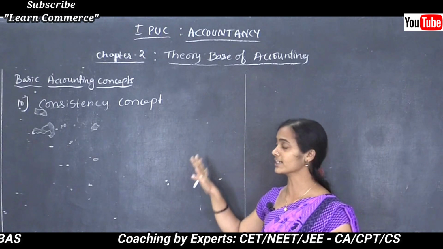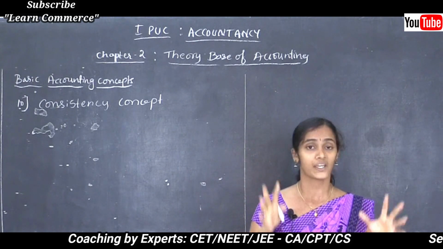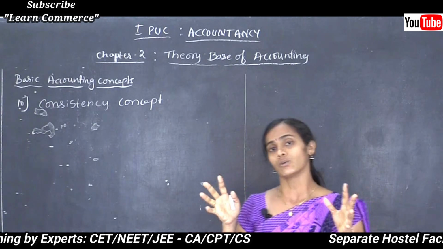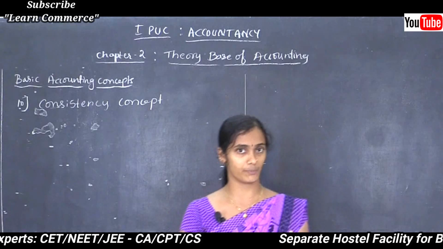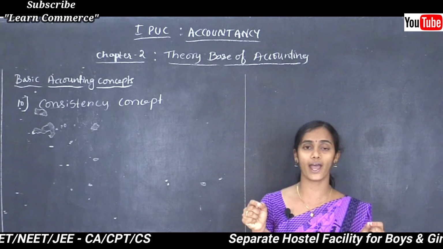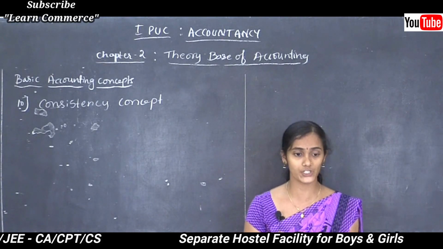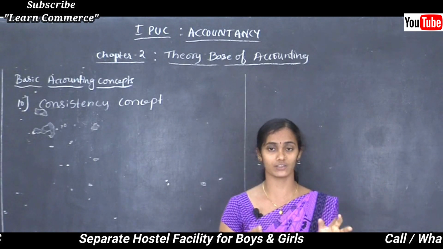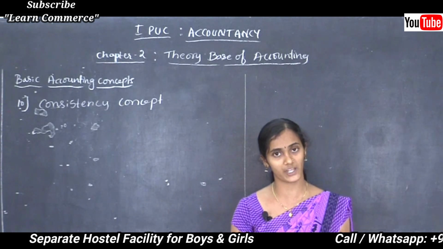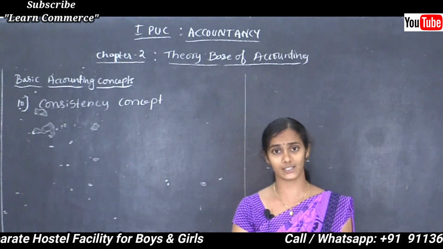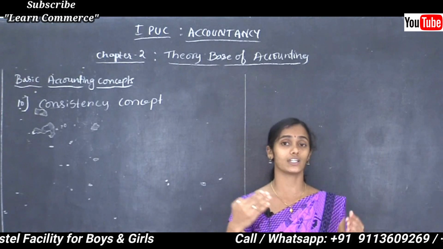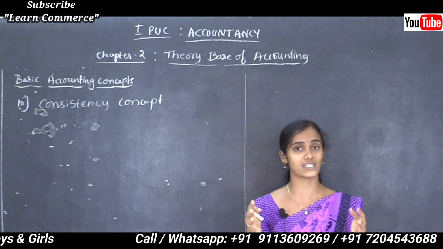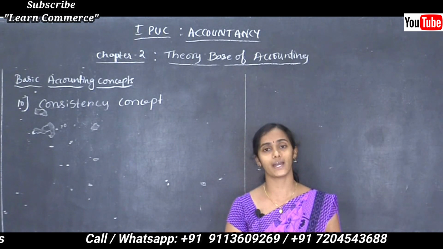Correct, right? So the consistency concept says that the information provided by those who provide accounting information should have the feature of comparability. Each and every organization needs to give financial information to the interested users, and that information must have the feature of comparability.